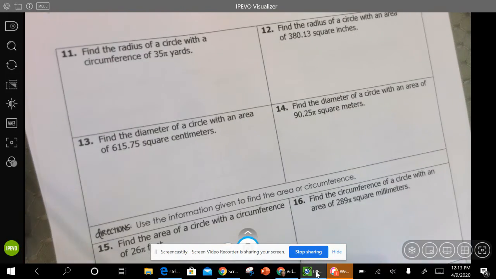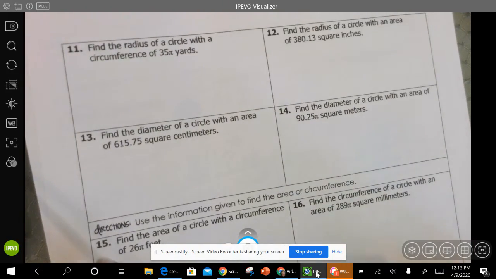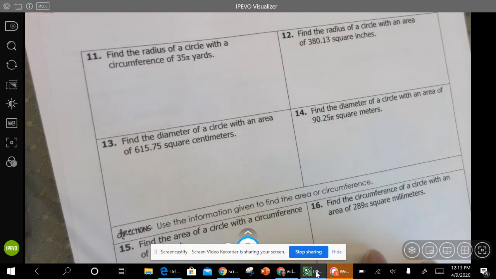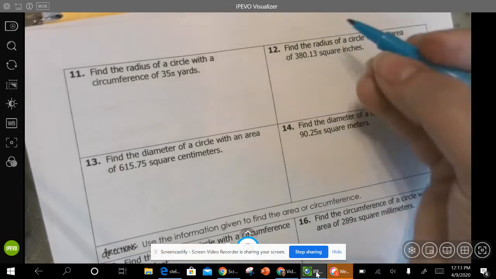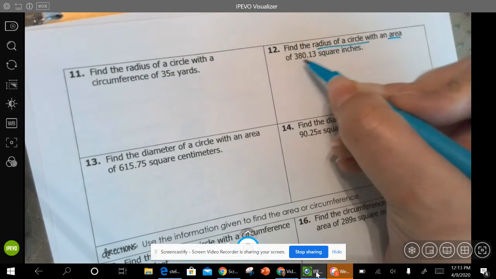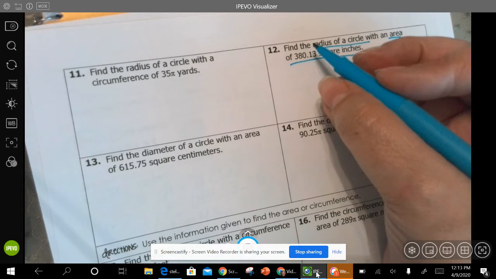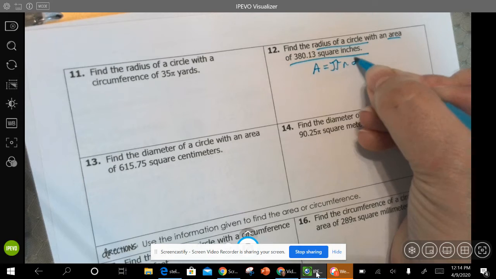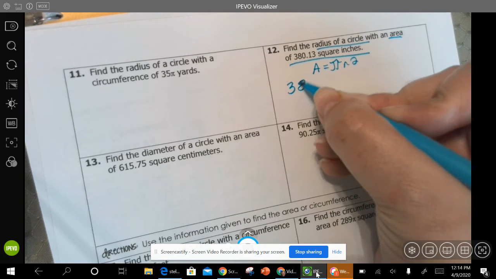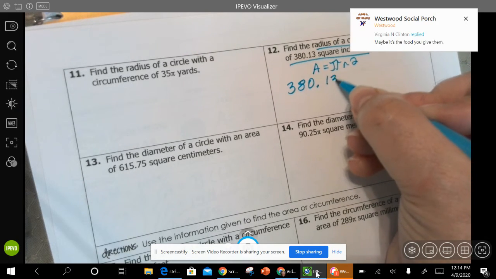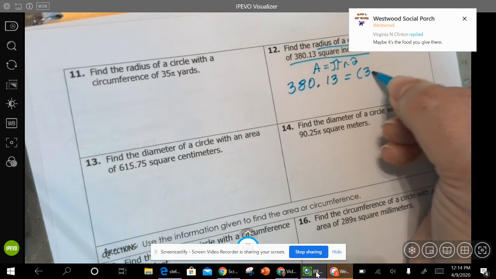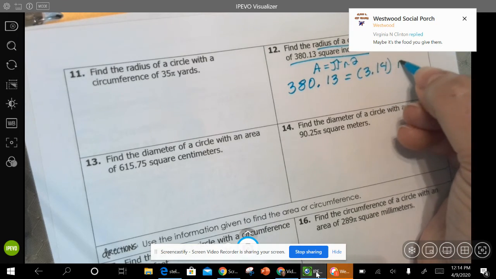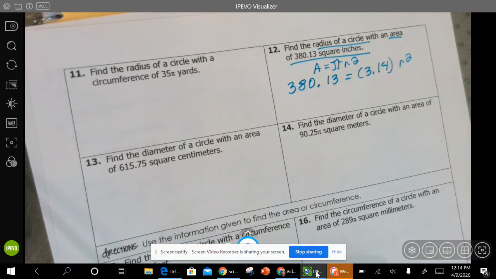Let's keep working on area. This one says find the radius of a circle with the area. They give us the area. Remember, area is equal to pi r squared. So I'm going to substitute in the area, using 3.14 times the radius squared.